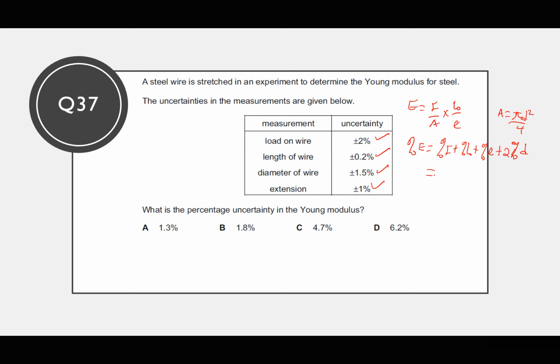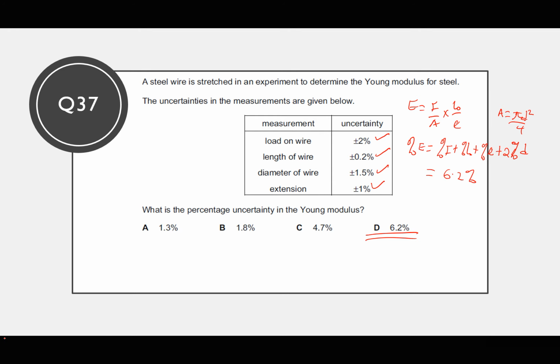F is the load, that is 2%, so that is 2 plus L 0.2 plus E is 1 plus twice D, which is 3. So the percentage is 6.2%. So our answer there will be D.